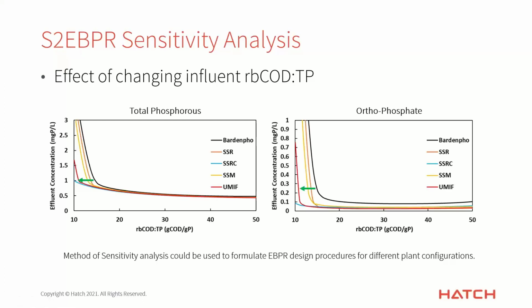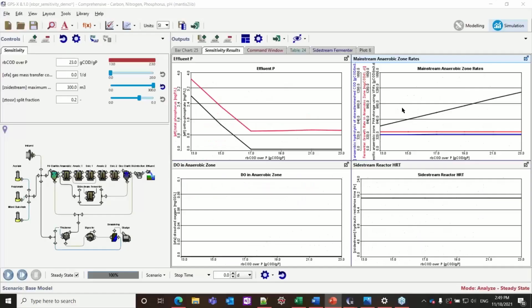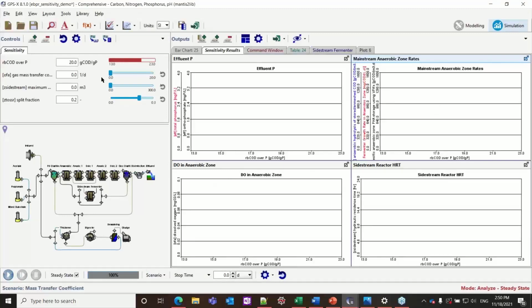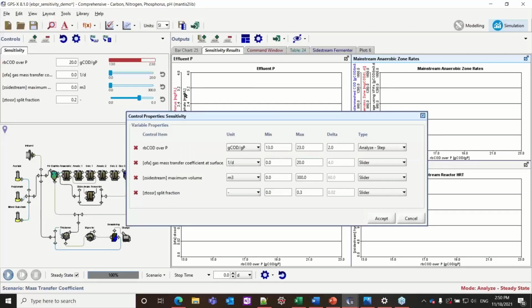Okay, so now I'm just going to quickly jump back to GPS-X to go over my final sensitivity analysis, in which I'm going to be varying a parameter that we have in GPS-X called the gas mass transfer coefficient at surface.